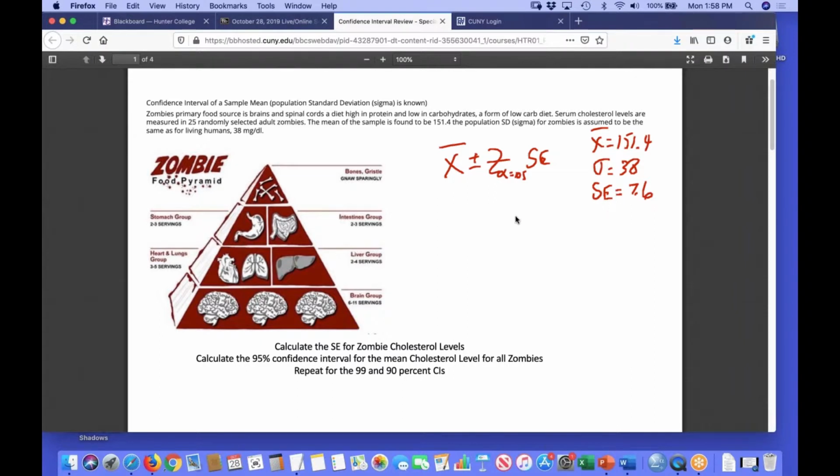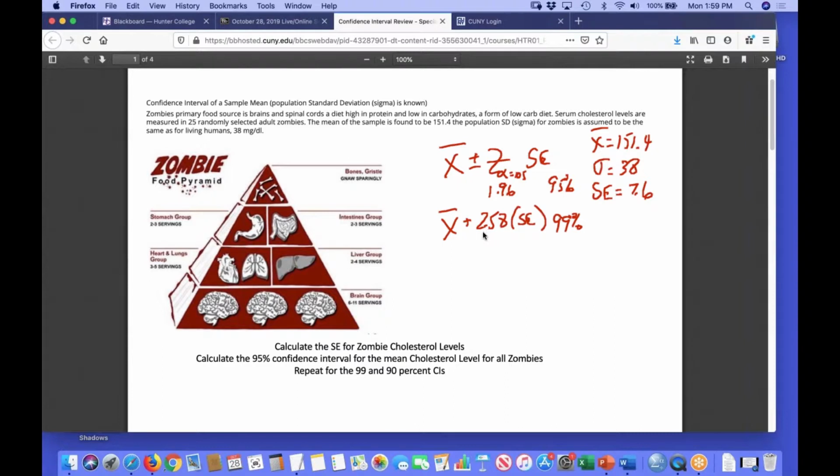So now how would I calculate these other confidence intervals? We know that we use 1.96 to calculate our 95% confidence interval. And as we learned previously, if we want to find our 99% confidence interval, we would use x bar plus or minus the value of z that we need for a 99% confidence interval, which happens to be 2.58, times our standard error.